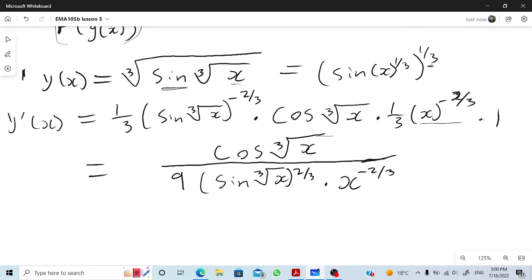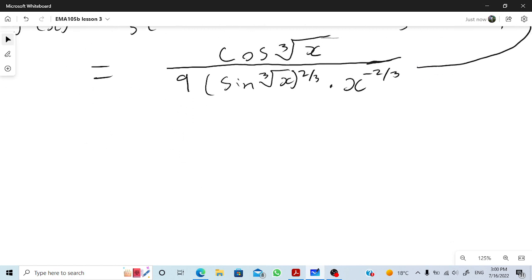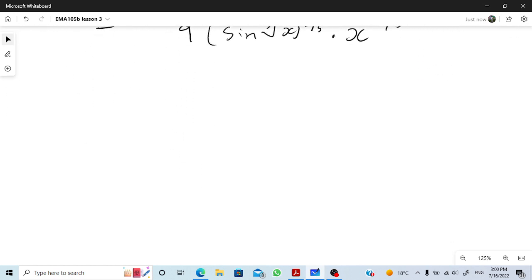So this is the solution when you differentiate that. Okay, so this is the first example of our chain rule. Now let us look at the second example that might look a little bit complex. Okay, so example 2 will be y of x.